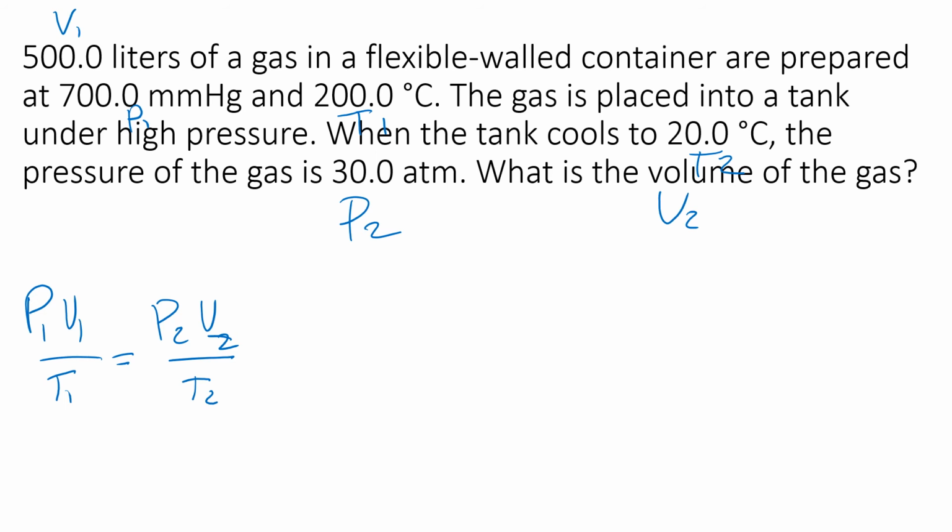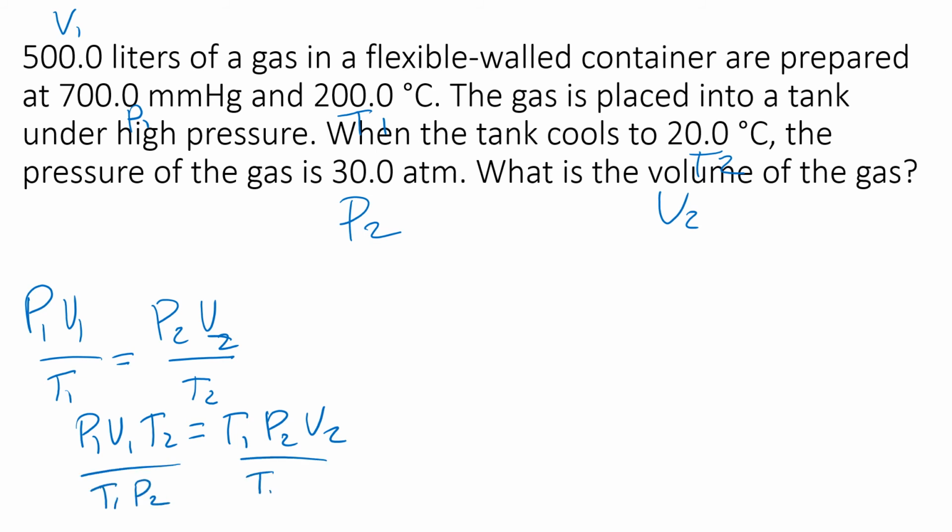Solving for V2, we cross multiply. So P1 V1 T2 equals T1 P2 V2. Divide both sides by T1 P2 to cancel it out to get V2 by itself.